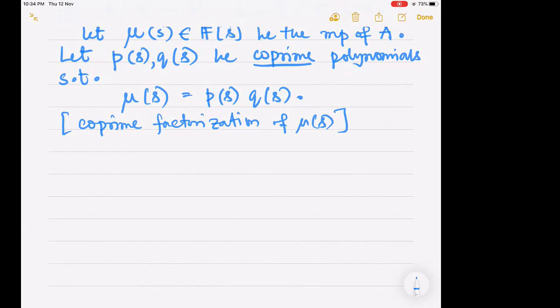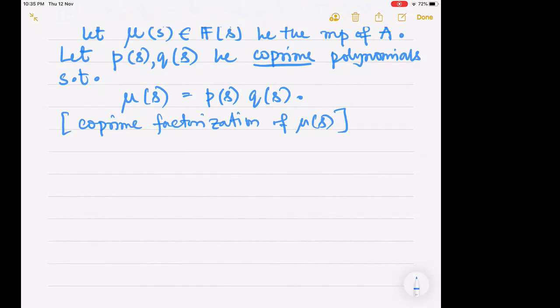Like the way we factorize a positive integer into prime powers. So unless mu itself is a power of a prime or an irreducible polynomial, you will be able to factorize the polynomial into such co-prime factors. So mu is a product of two polynomials such that the polynomials are co-prime.